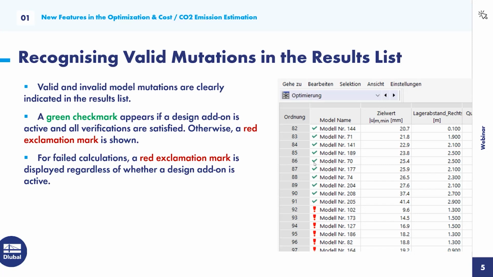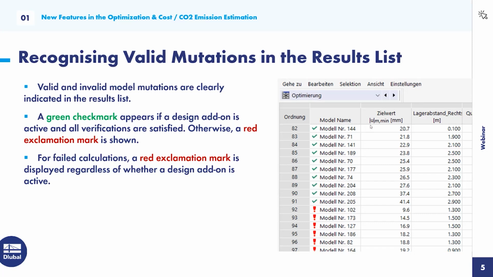If there is a verification that is not succeeded, with usage above 100%, you will see a red exclamation mark. With this, you really have an overview of which models fulfill your needs and which do not.